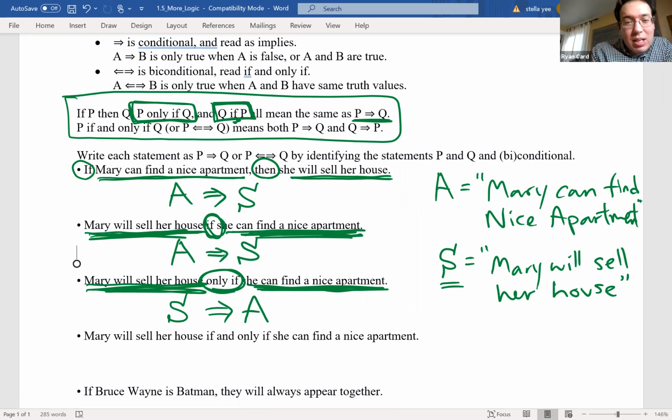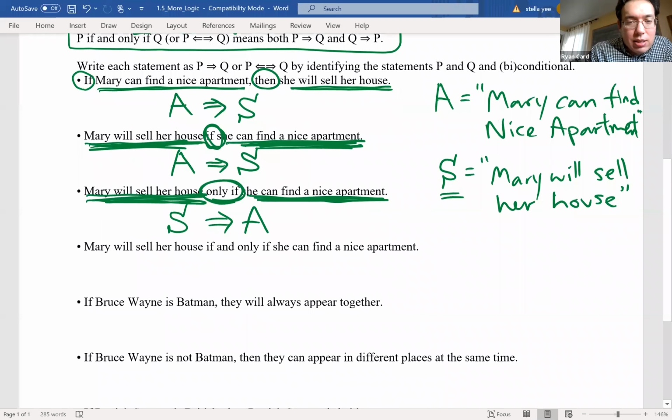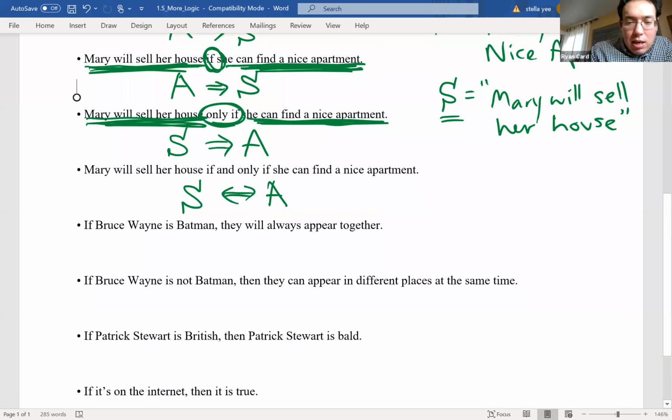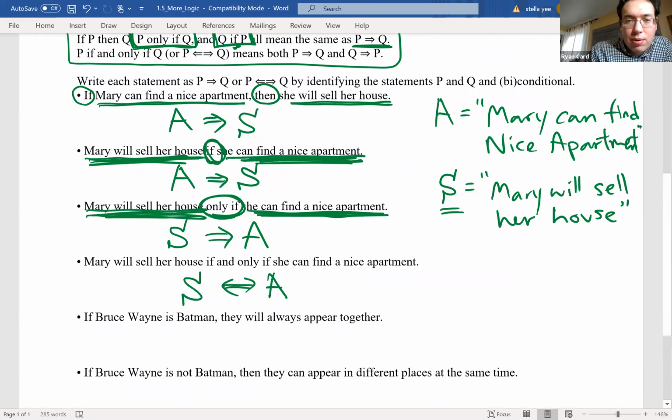And then the other sentences in this worksheet are fairly straightforward. So, well, sell her house if and only if she can find an apartment. So that's a biconditional here. And then the rest, I think, is fairly straightforward.